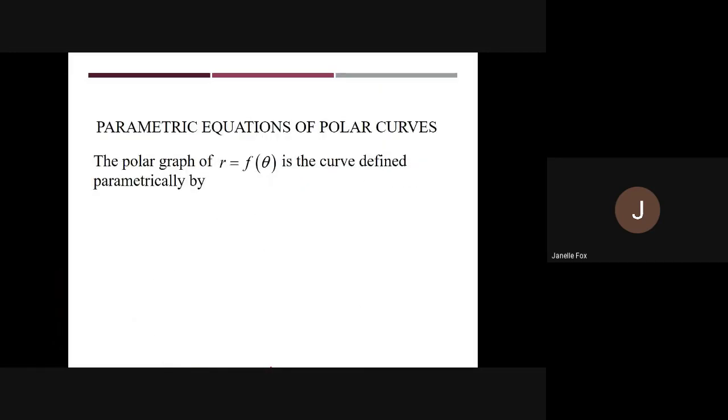So this right here, guys, is going to lead into tomorrow's lesson. I'm so excited for you. Okay, so this says parametric equations of polar curves. We're about to make a crazy connection starting tomorrow. If we call a polar graph r equals f of theta, so r is a function of theta, and that is going to be the graph of the polar curve, then we can define it parametrically like this.